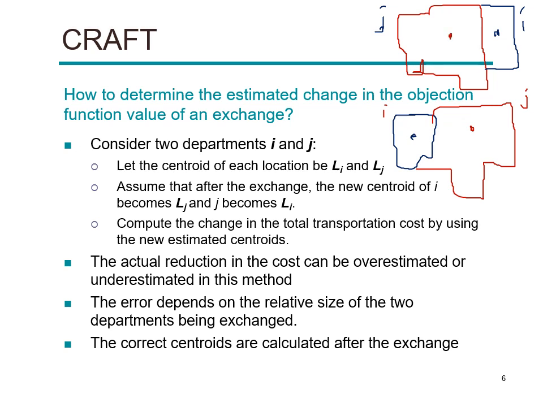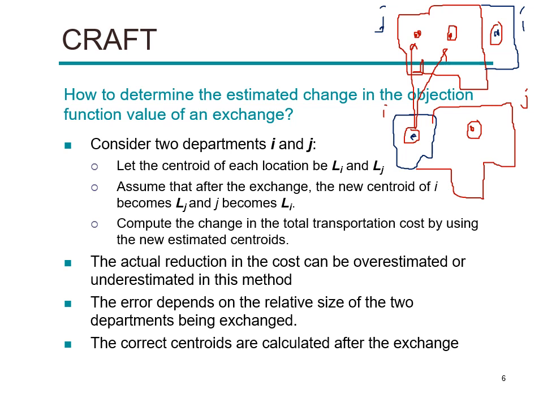You see, the old centroid of I, which is this one, is not equal to the new centroid of J. Their centroids are changed. But in order to estimate this, CRAFT assumes that the new centroid is the same as the old one, like this one. And it also assumes that the centroid of this I is this one.